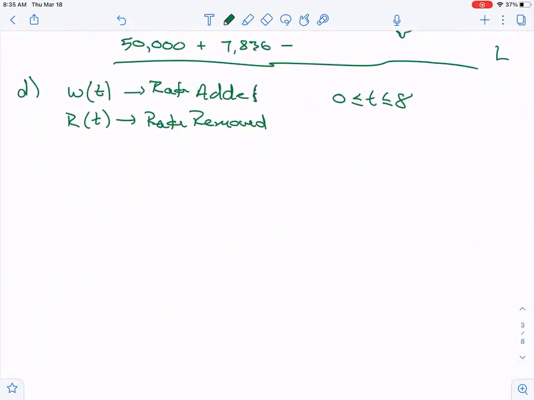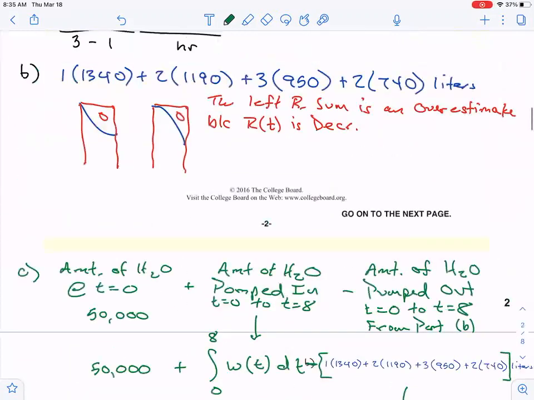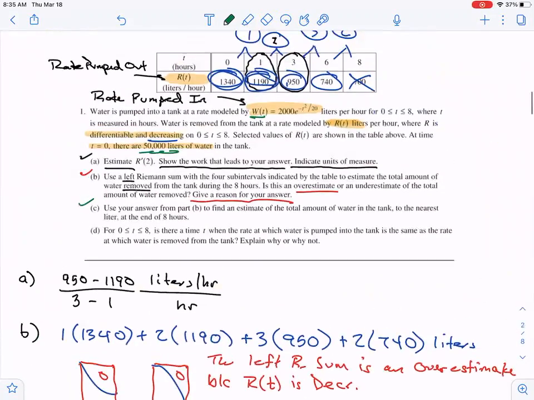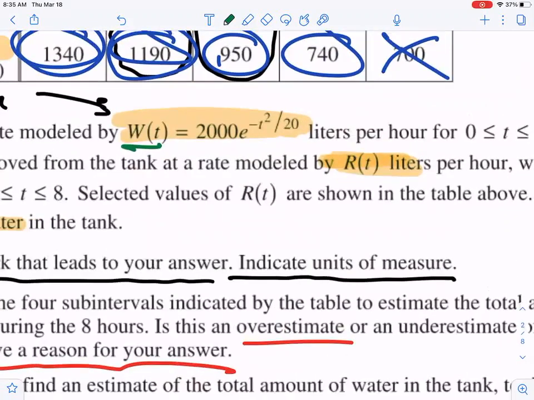So part D, one way I could look at this is I could say, okay, W at 0, which I can use my calculator to find, or actually I could even just look at this function: W at 0 would be e to the 0, which is just 1. So W at 0 is 2,000.